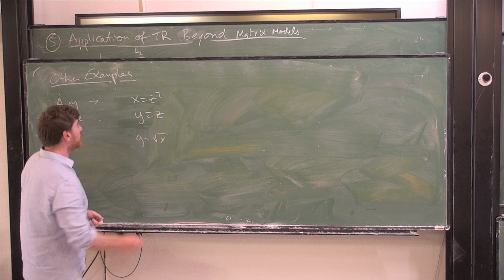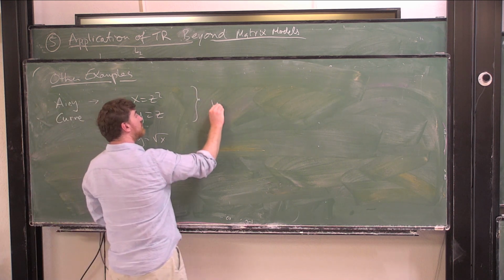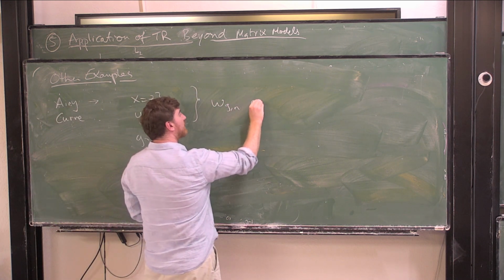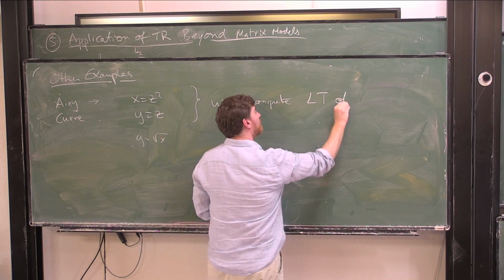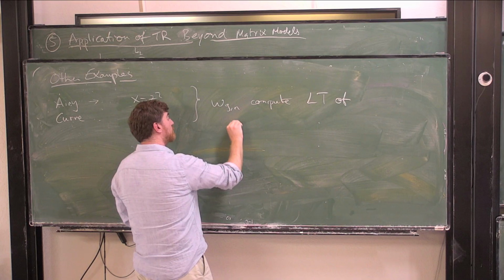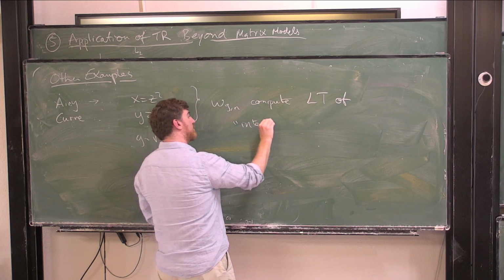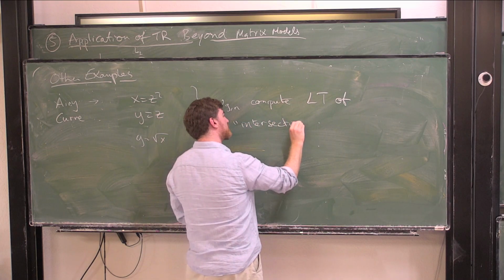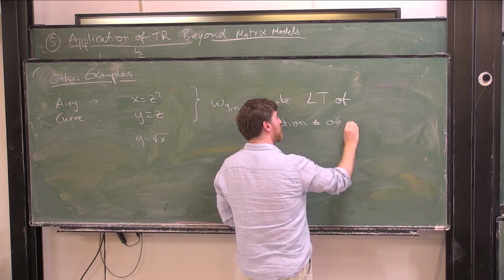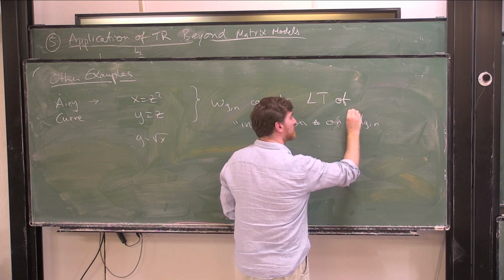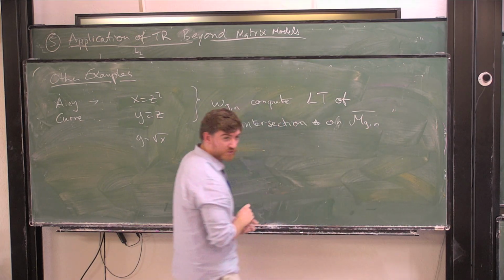Anyways, so what this computes, the WGNs here, they compute again Laplace transforms of what are called intersection numbers. And I'll tell you what these things are very briefly on M_g,n. So basically, this moduli space of Riemann surfaces keeps popping up.